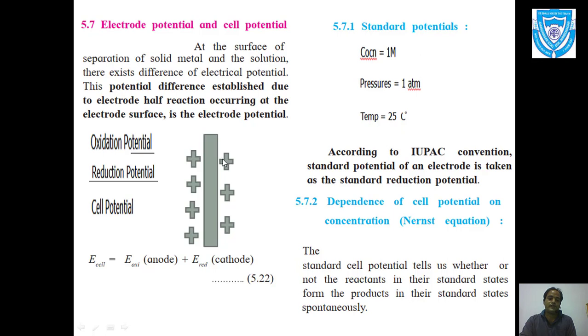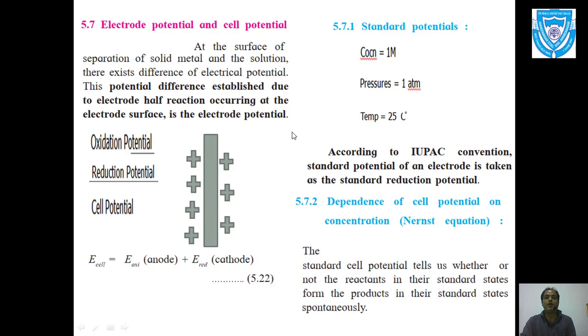Now these electrode potentials are affected by the concentration of the electrolyte. This is the electrolyte or the ionic solution. So it changes with concentration, then pressure as well as temperature. So we have to consider standard conditions to calculate the standard potential.